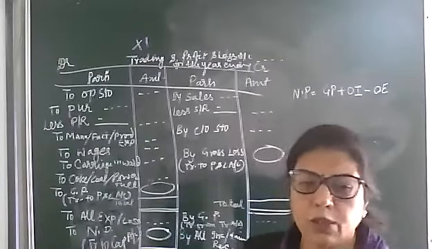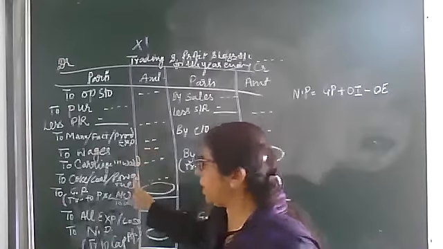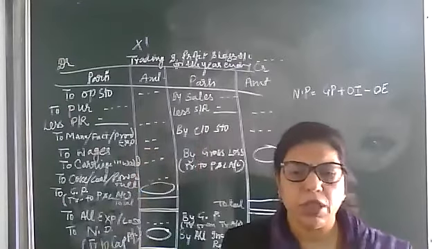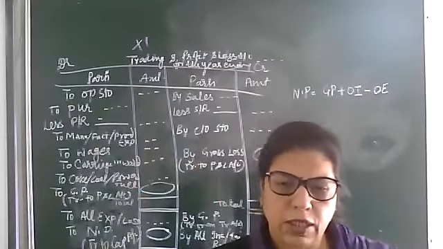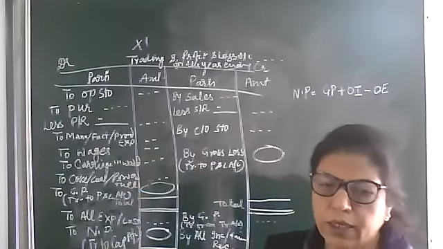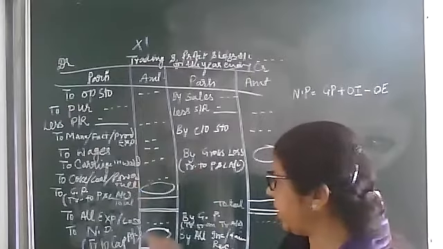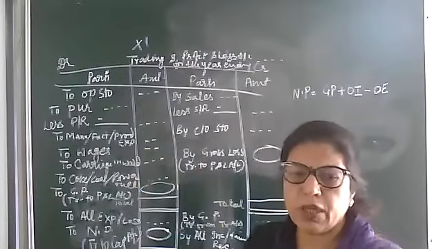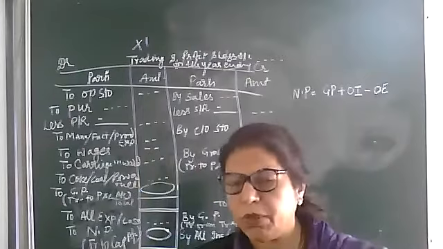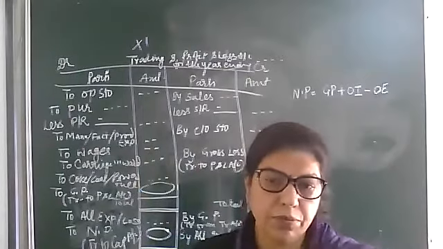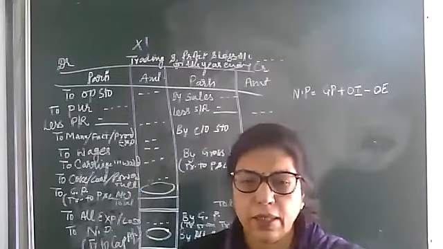All other expenses which you already entered in trading account will not be included in profit and loss account. So all other expenses and losses will be entered this side. Now we can make the general entries with the help of these. In exam, you can get the entries.